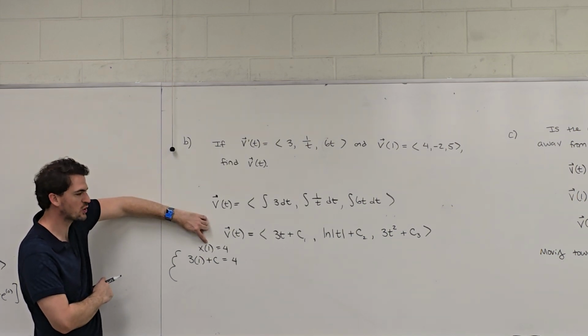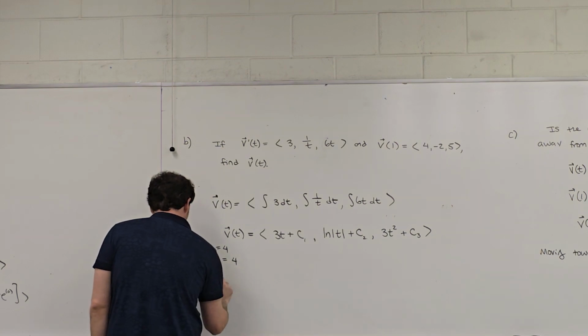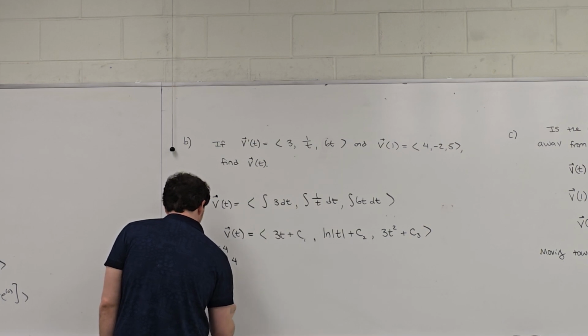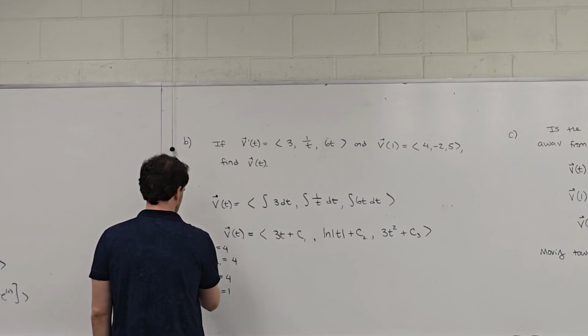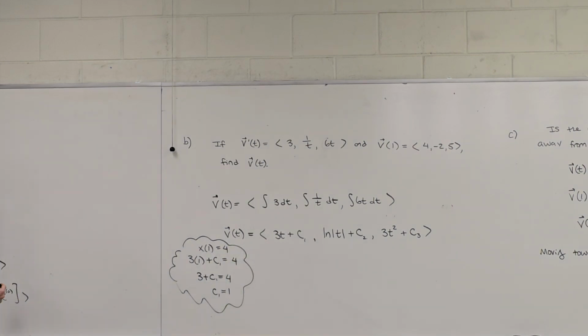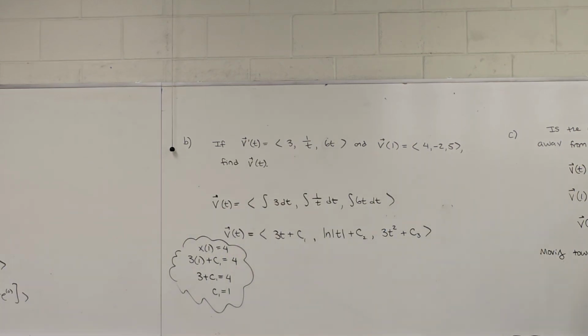When you plug in 1 into your x component, you should get 4. So that was just helping me find C1. I'll give you guys a 30-second head start to find C2, find C3, and then plug them back in to write your v of t equation.